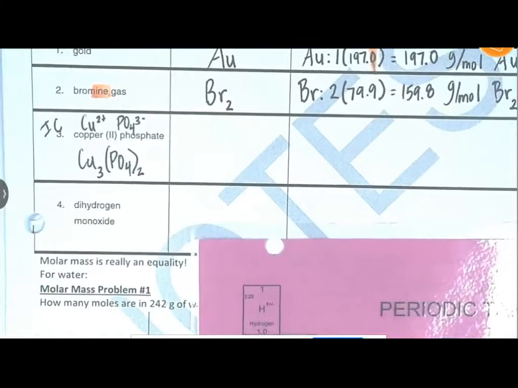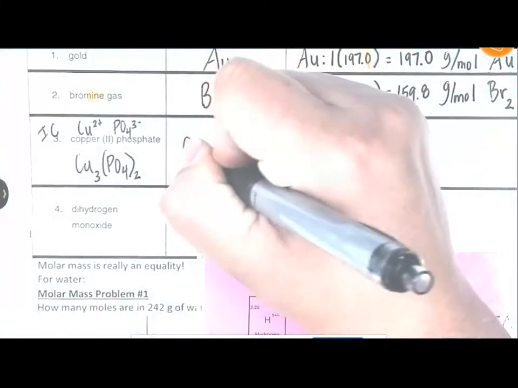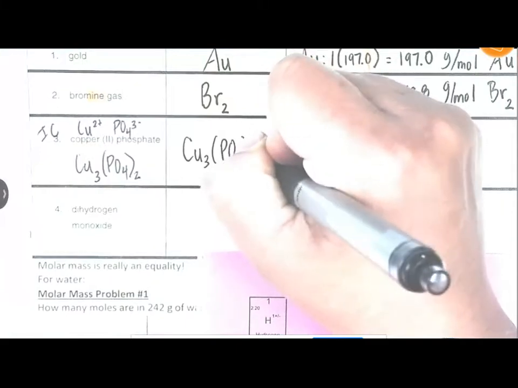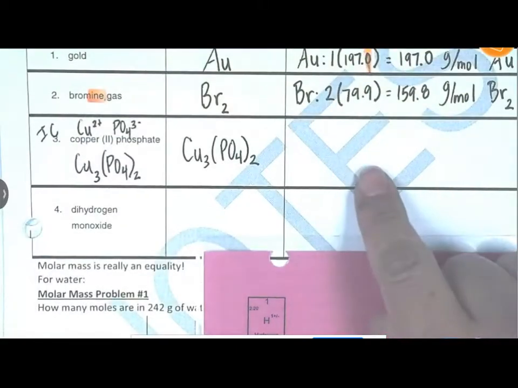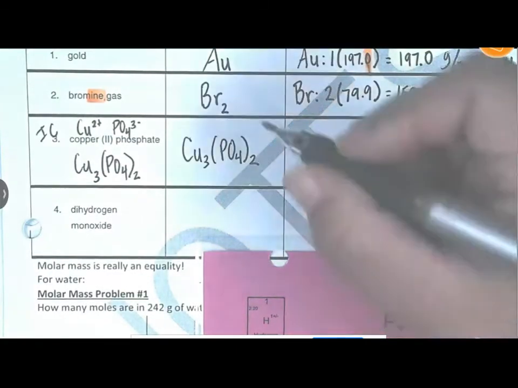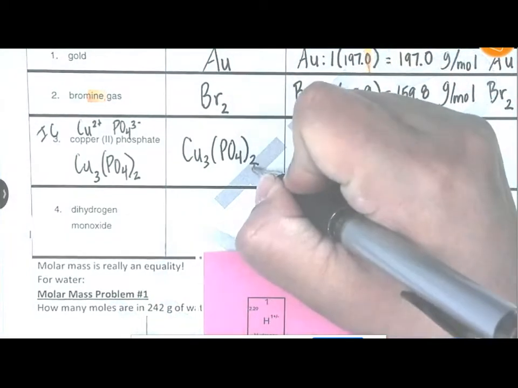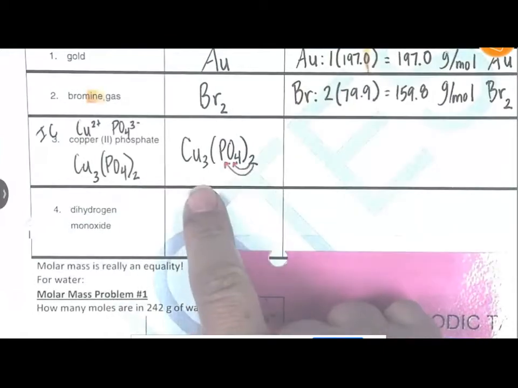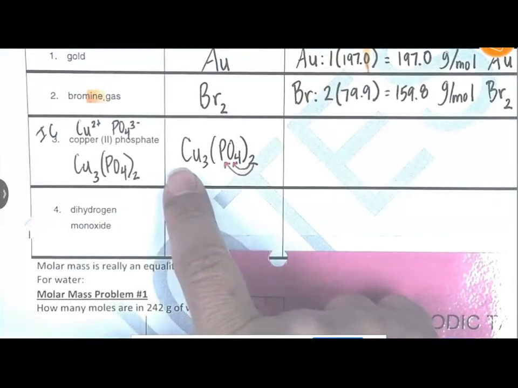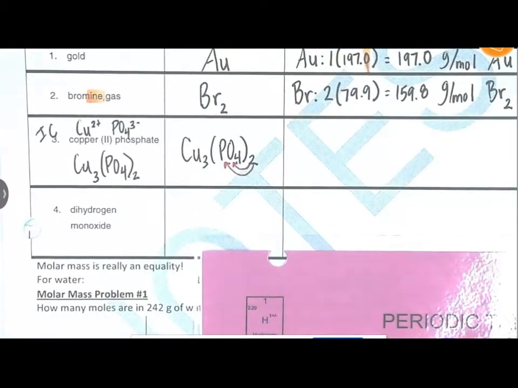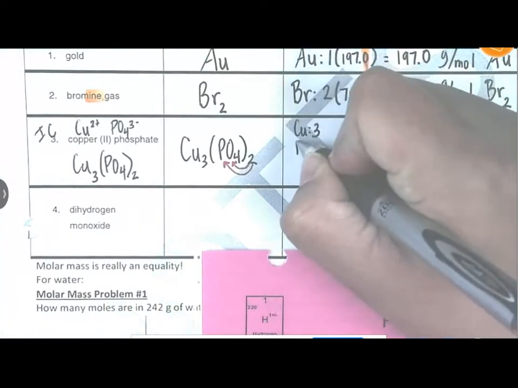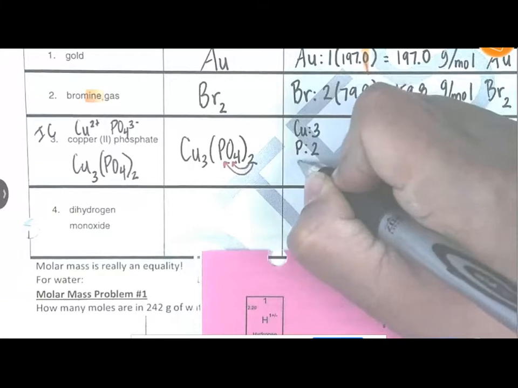So now, when I figure out this formula and its molar mass, you have to make sure that you distribute this 2 to the P and the O, but not the 3. The 3 pertains to the Cu. Okay? So Cu, there's 3 of them. Phosphorus, 2 of them.